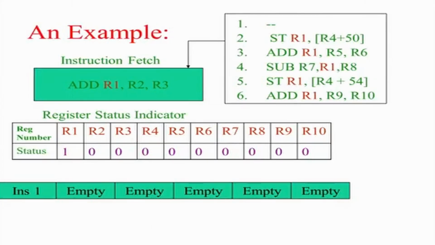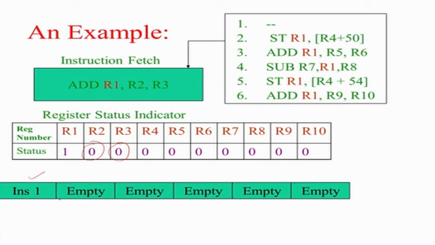First add R1, R2, R3. Now R2 and R3, what is the value of R2 and R3? They are zeros. That means they are available. So immediately what will happen? It will be allocated to unit number 1, look here, right.